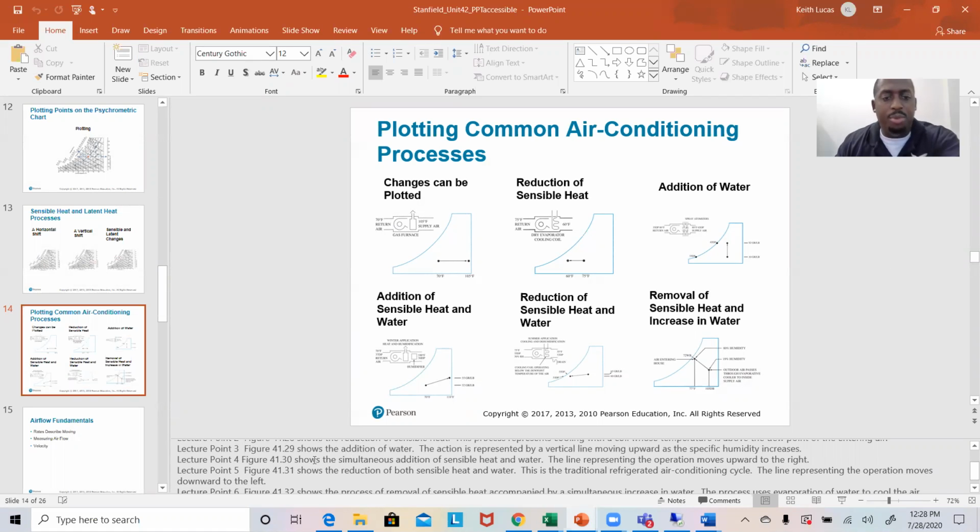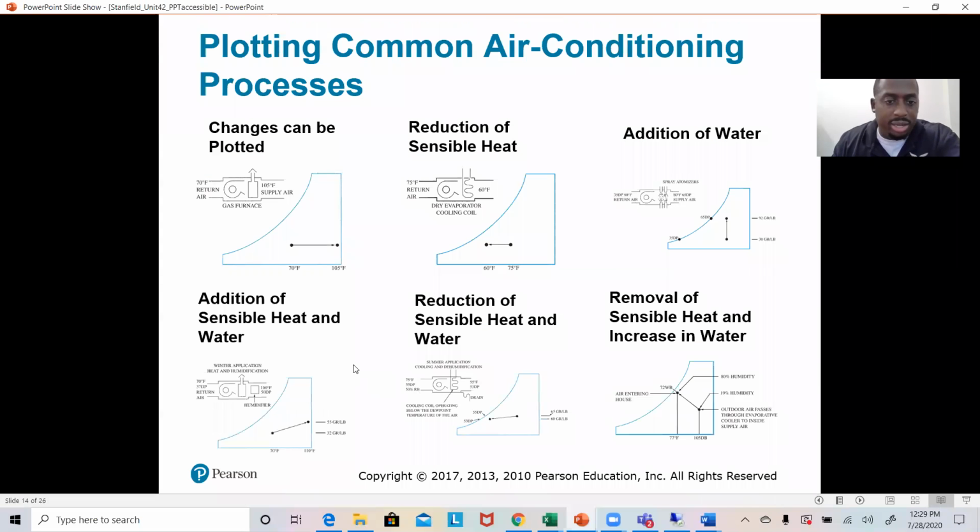Figure 41.30 shows the simultaneous addition of sensible heat and water. The line representing the operation moves upward and to the right. So on this one, zoom in.